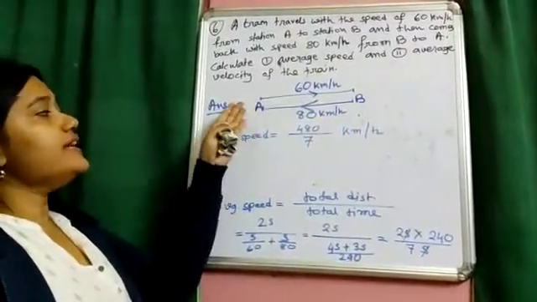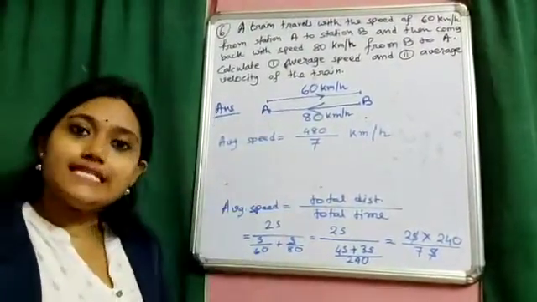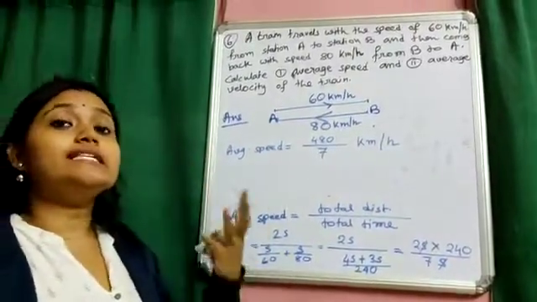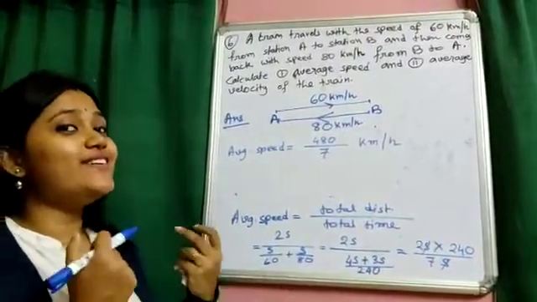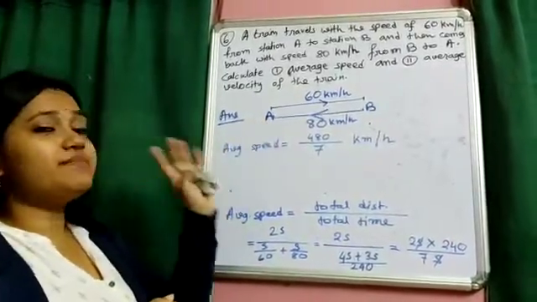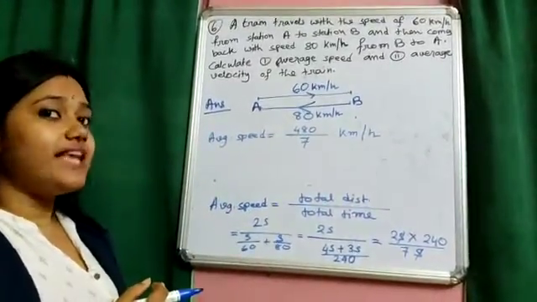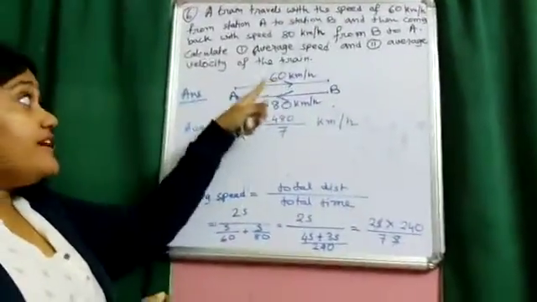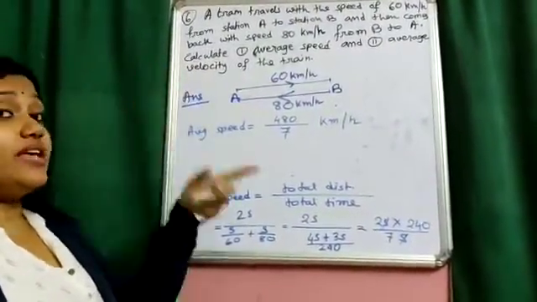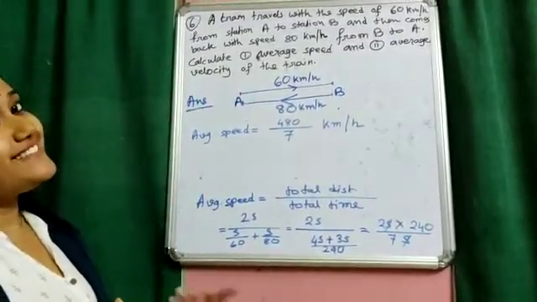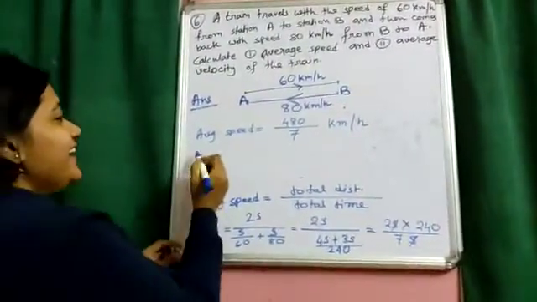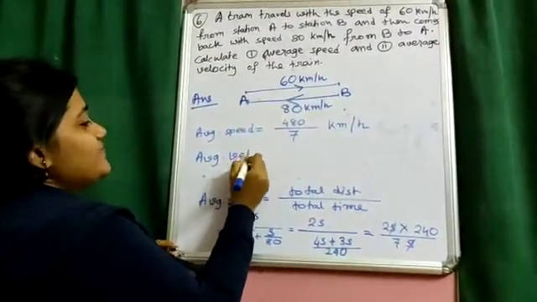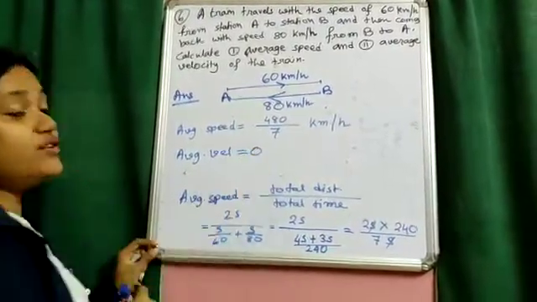Since the initial and the final position are both at A only, the total displacement is equal to 0. Therefore, the average velocity will also be 0 only. So simple. Average velocity is equal to 0.